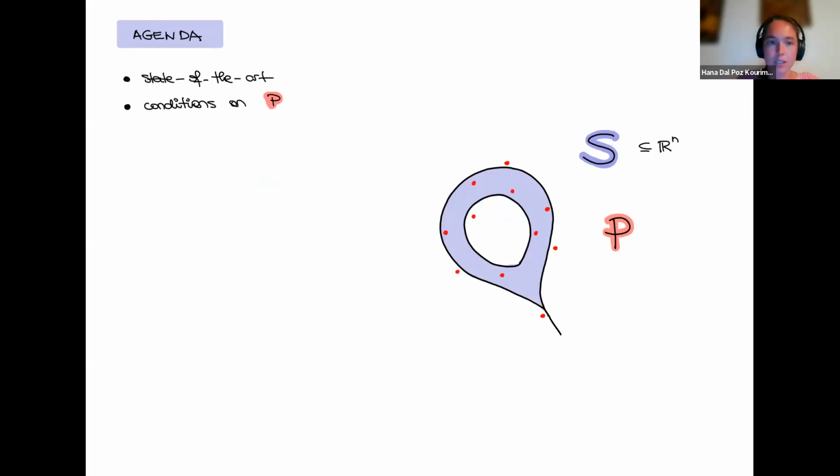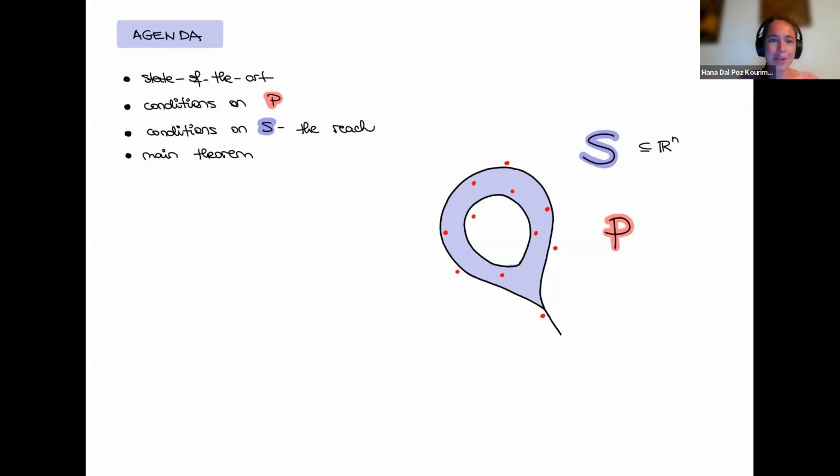I will first discuss the conditions that we set on the sample P, and then the conditions that we set on the underlying set S. And I will spend a little bit more time talking about what is the reach of the set, although probably many of you know the notion, but that's actually the biggest improvement, or in my eyes, the biggest improvement on the state of the art, is that we only consider sets of positive reach.